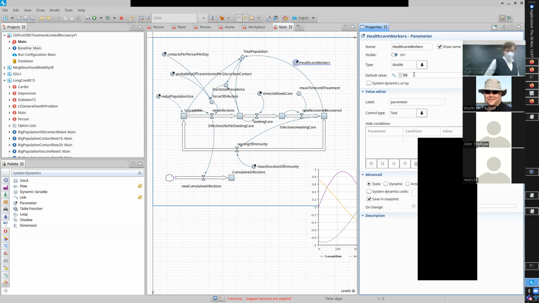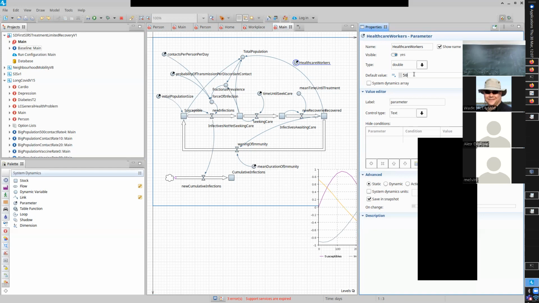Okay. And now we're going to have a count of healthcare workers. I'll do these in different colors. That wouldn't be a bad idea. So we're going to have healthcare workers, and we're going to denote their unit as, we're going to call it 8, right?